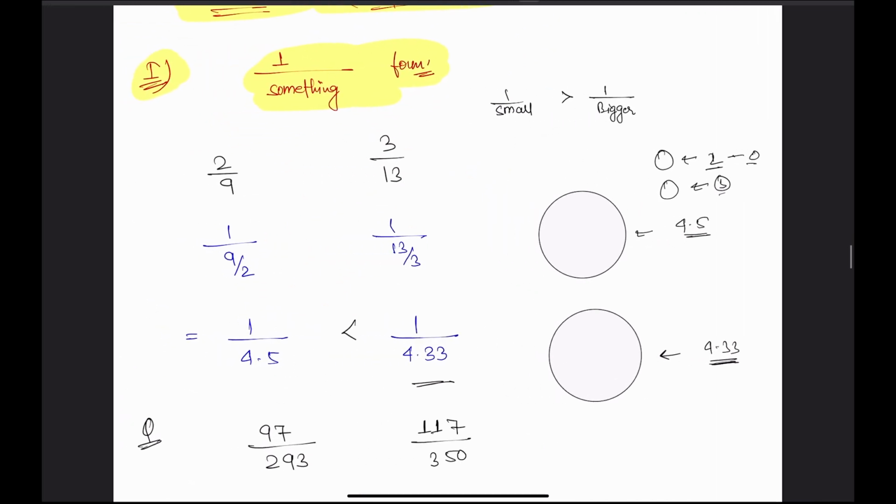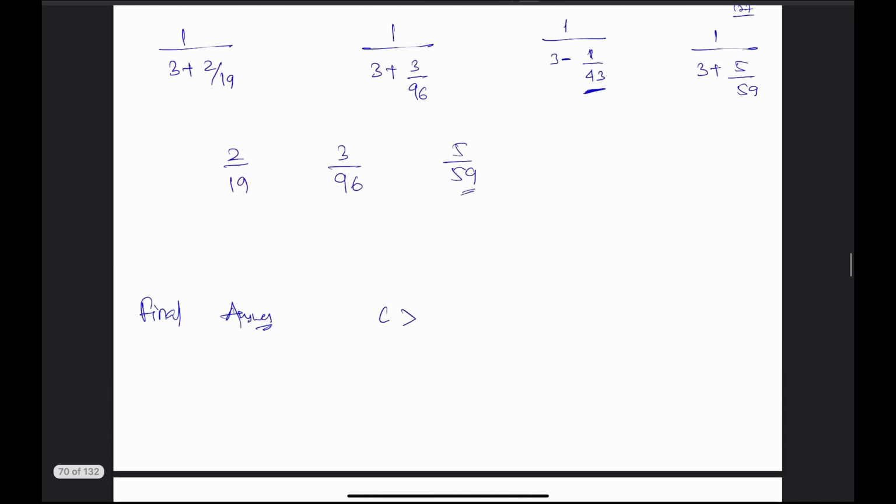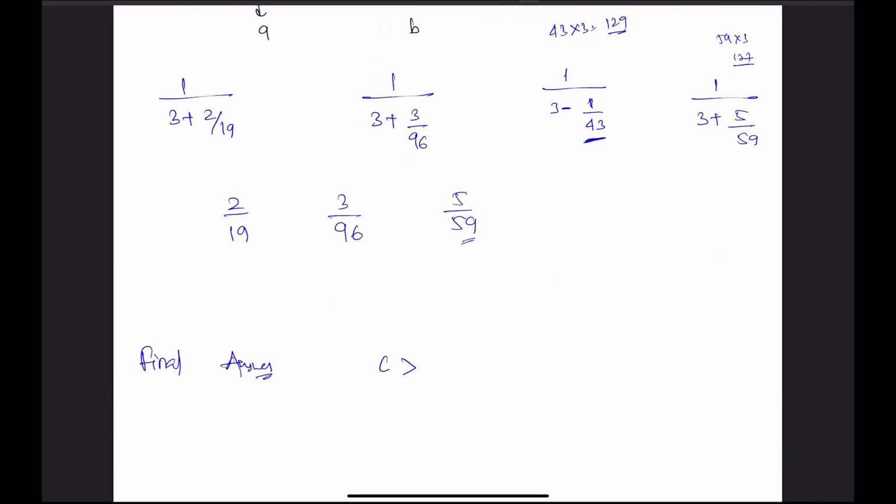Whichever is the biggest is going to be the smallest, and the smallest value will be the bigger. So we need to find 2 by 19, 3 by this one, I can write as 1 by 32, and 5 by 59.